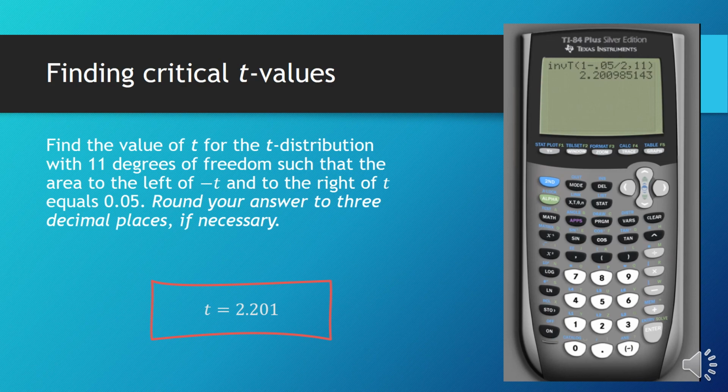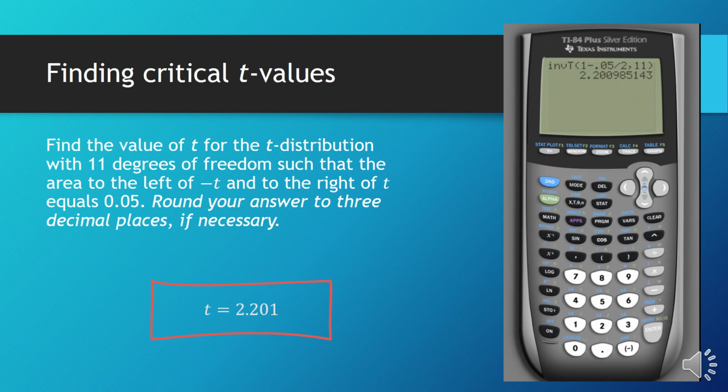Degrees of freedom is 11. Now I'm going to go to paste, and again, once you get to this screen, you're just going to hit enter, and your calculator will take a second to run this. And there you have it, 2.201 if we rounded to 3 decimal places.